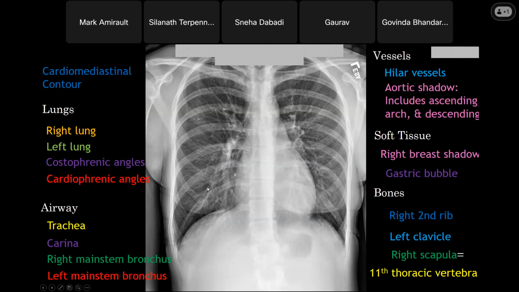So you have your right breast shadow and left breast shadow, which you should try not to be fooled by when interpreting these films. And obviously the osseous structures: ribs, clavicles, scapula, and then our vertebral bodies.